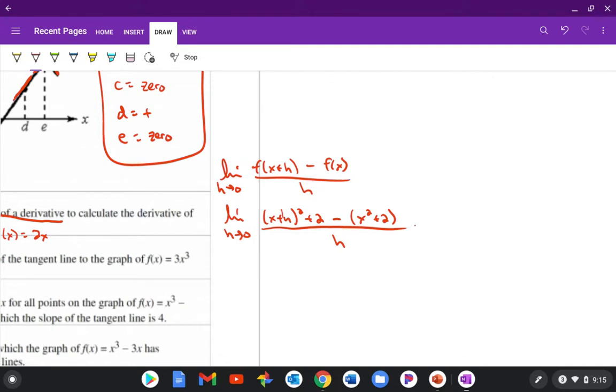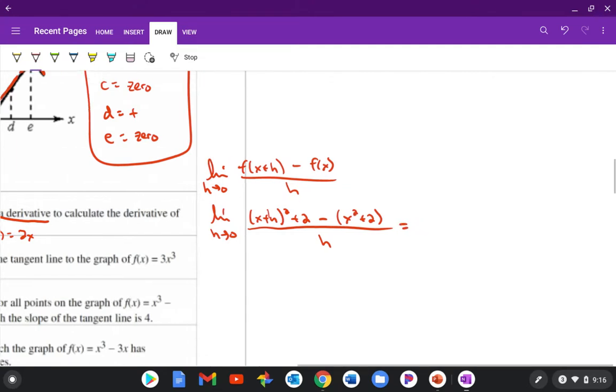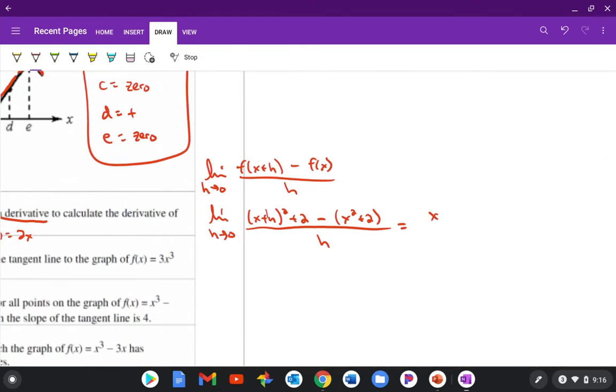The first thing we want to do is FOIL that first term. That's going to give us x squared plus 2xh plus h squared. You do need to write it out as x plus h. If you can't do that in your head, write it out like that. And we still have that plus 2. Then we distribute the negative sign to get negative x squared and minus 2, over h.